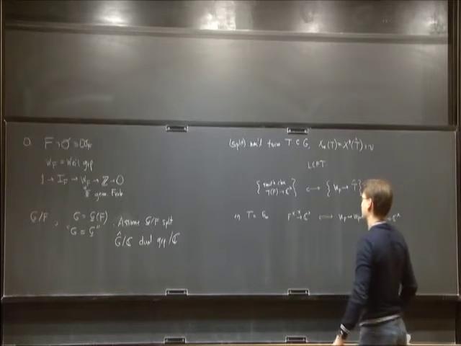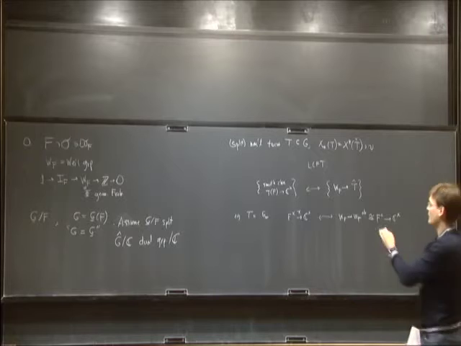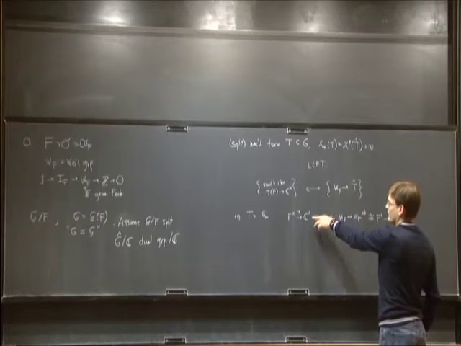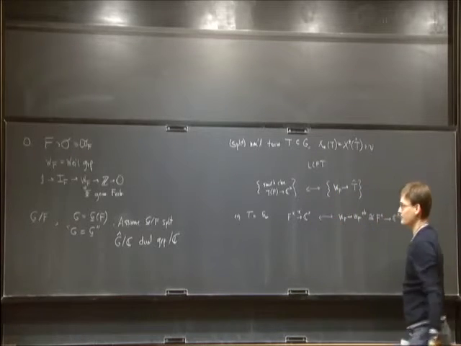This is just local class field theory, and because the torus is split, you can easily derive the statement from this.